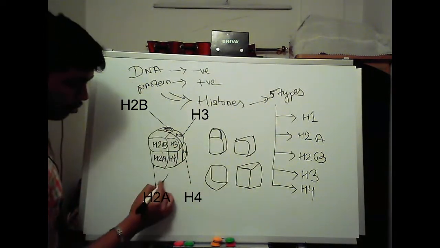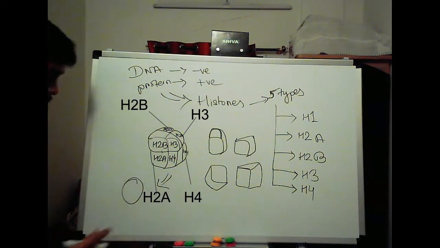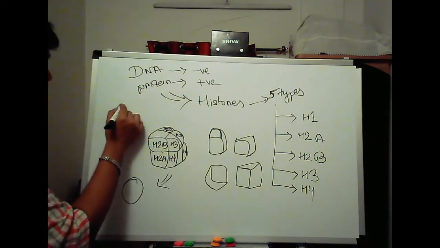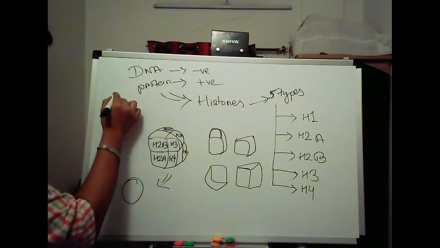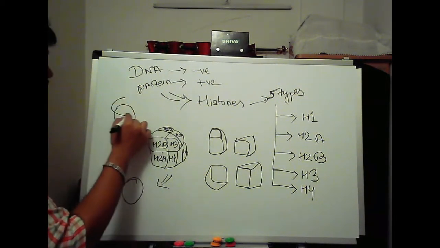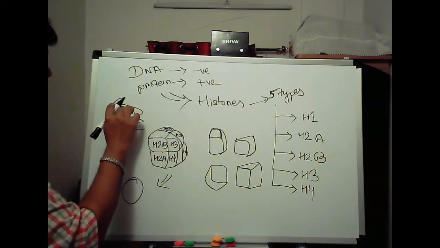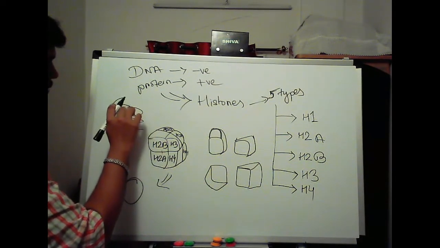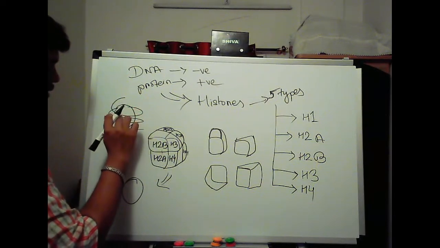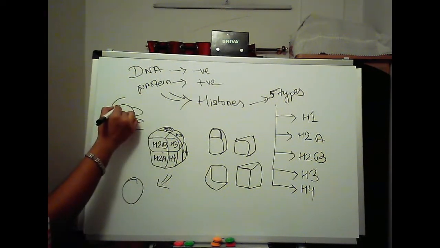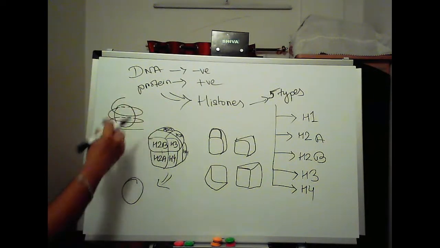So if we consider this as one protein, what does DNA do? DNA will come and wrap itself around this protein. The strand going from the back will be dotted.